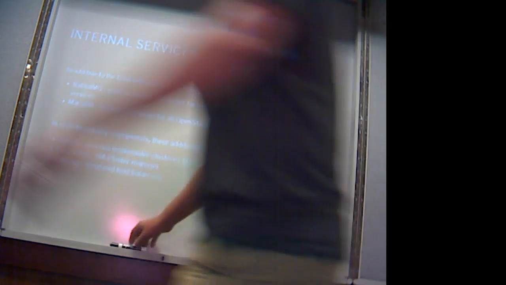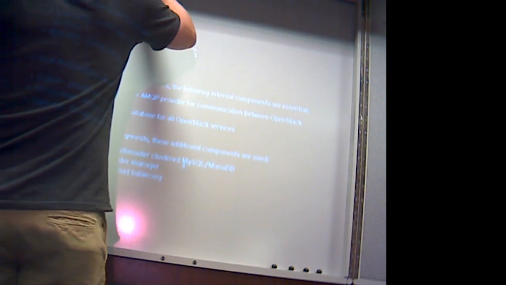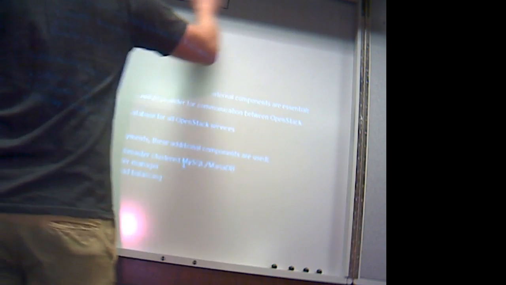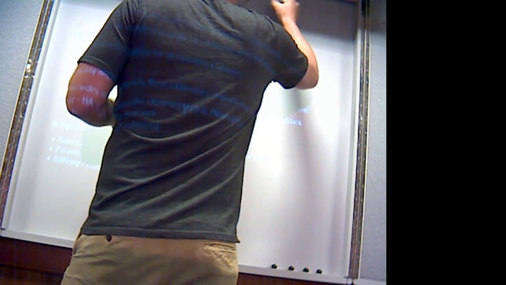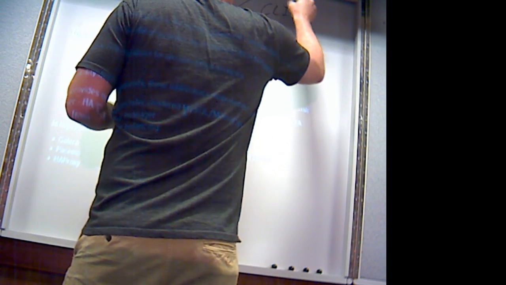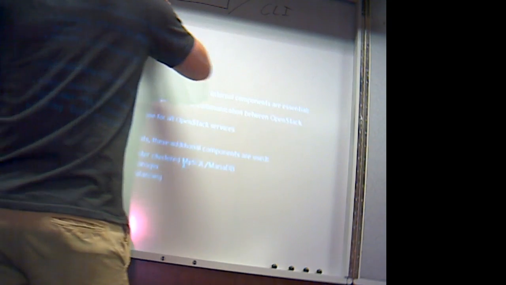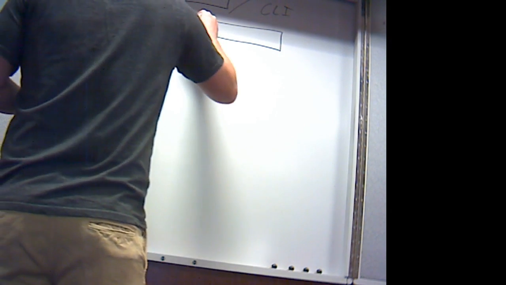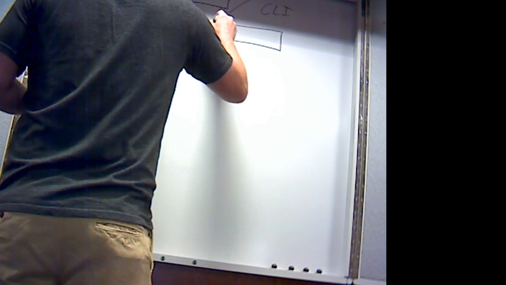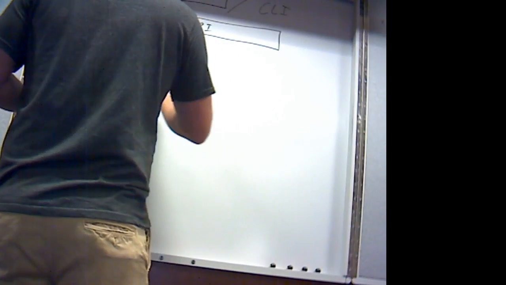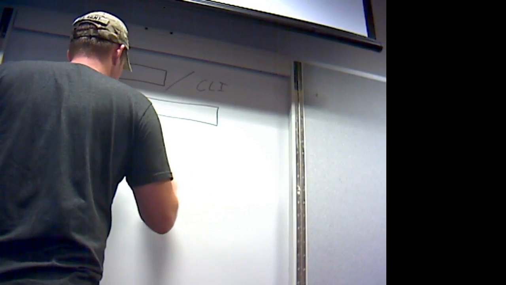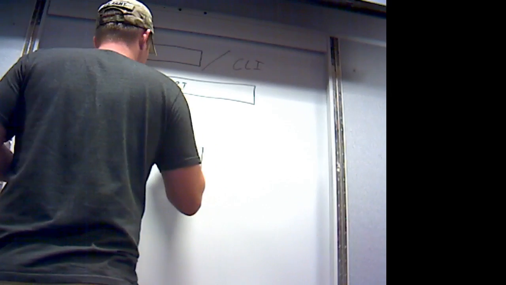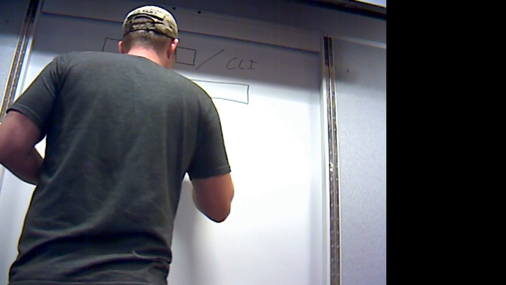So we've got our dashboard up here, and the CLI. And we've got our API here. I know I'm going to spell Q wrong.